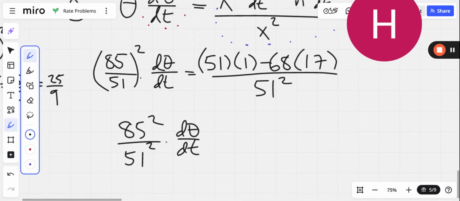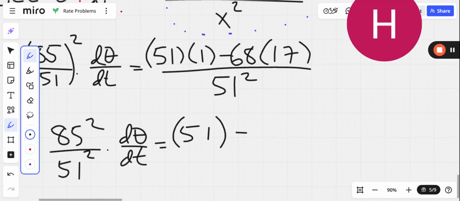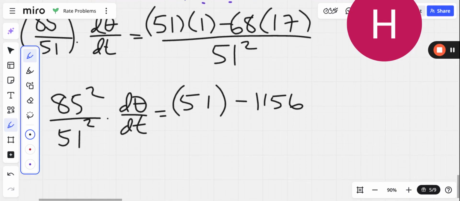Now, why would I want to do it like that instead? That's because I'm going to be able to multiply, I guess I have to multiply these, so what is that going to be? 1156, I believe. Let's see, 289 and 289 is of course 578, and 578 times 2 is, yeah, looks good, 1156 over 51 squared. Now here's where the magic is.